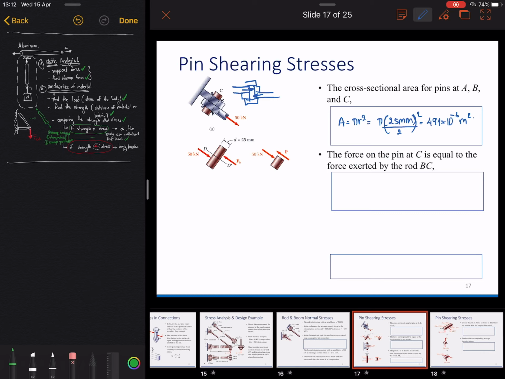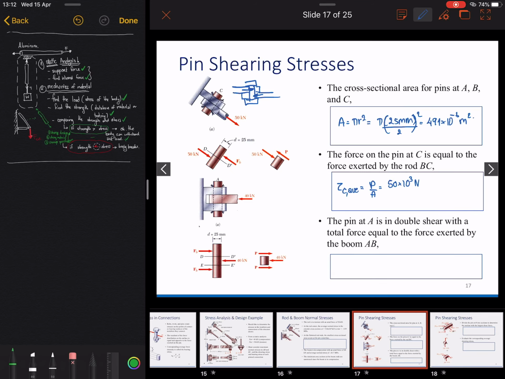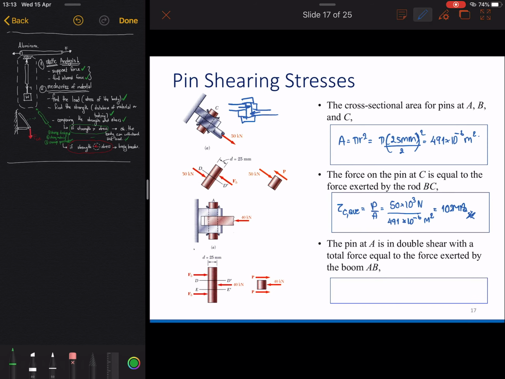Here we know that we have 50 kilonewton force, and then we get the shear stress as P over A, equal to 50 times 10 to the 3 newtons over 491 millimeters square, which is equal to 102 megapascal. Then you know that the shear stress there is this number.